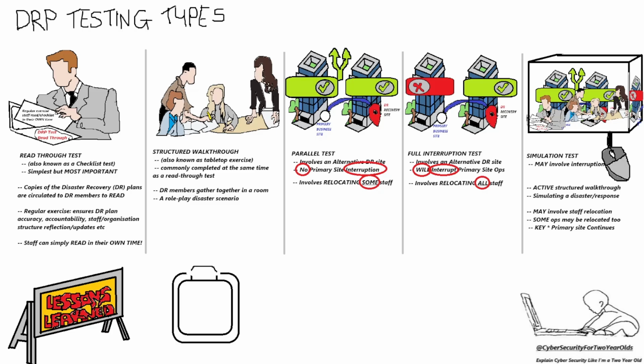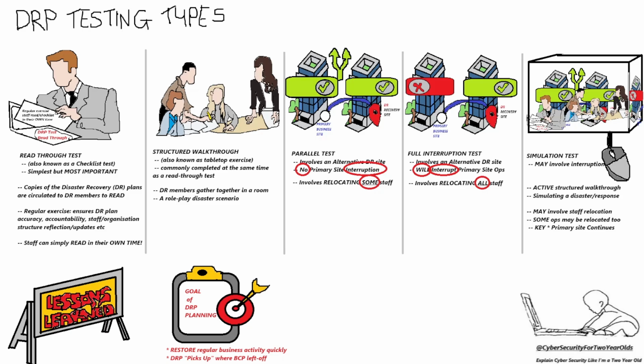Secondly, an important distinction between the goal of disaster recovery planning, which is not to be confused with business continuity planning. You see, the goal behind DRP is to restore the business operations as quickly as possible once a disaster has struck. Keynote: DRP is not to prevent business interruption.